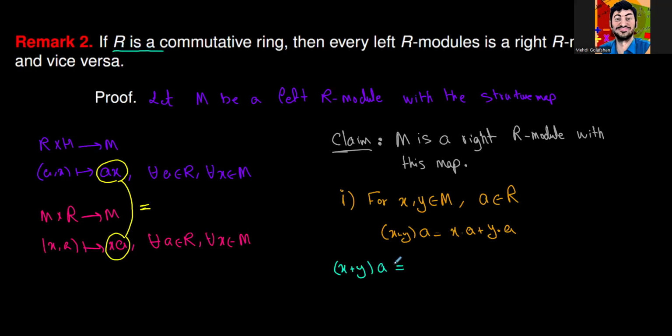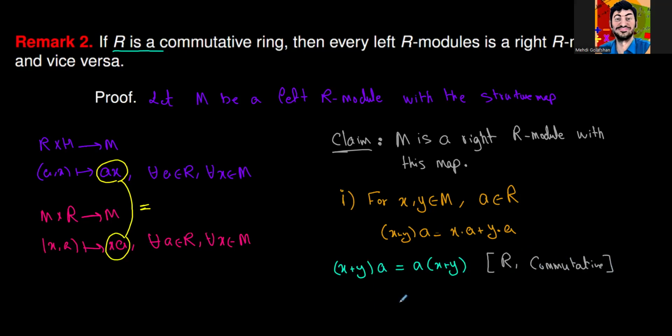So that's why we can write a times (x plus y), based on the commutative property.